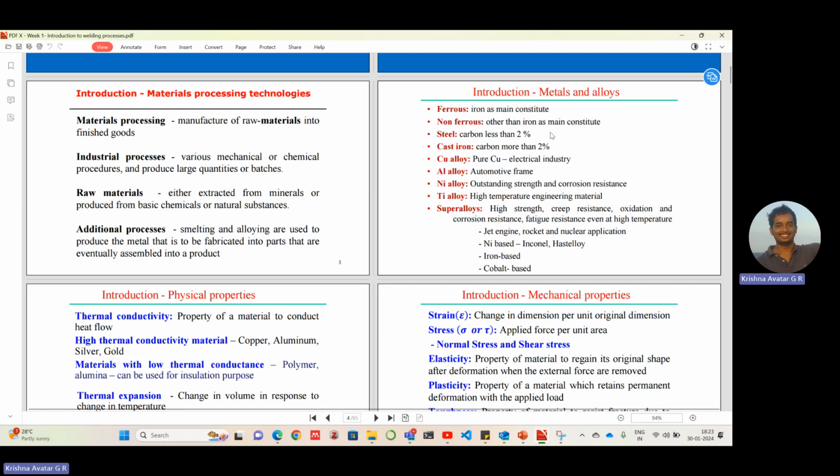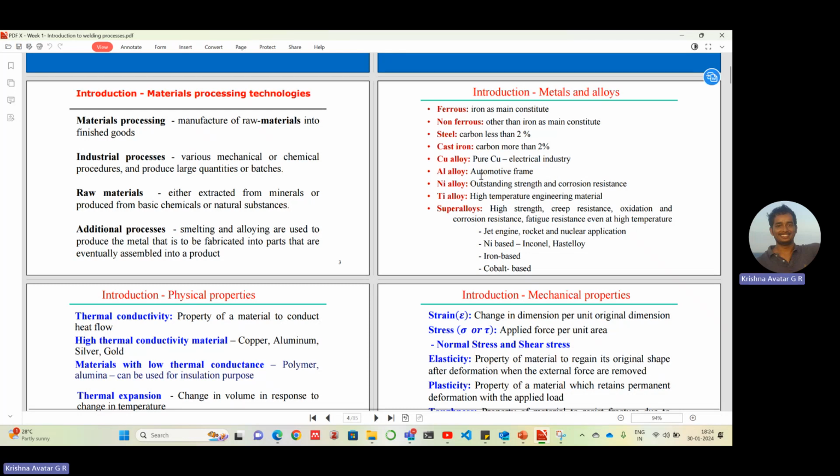Some classes of metals which are useful for our purposes are ferrous, which consists of iron as the main constituent, and non-ferrous, which are other than iron. Steel is mainly iron containing carbon less than 2%, and cast iron contains carbon more than 2%. Copper is very much used in the electrical industry to draw wires and for circuiting purposes.